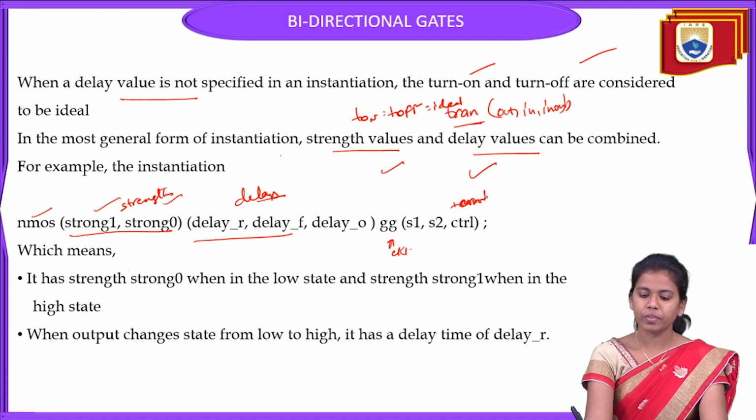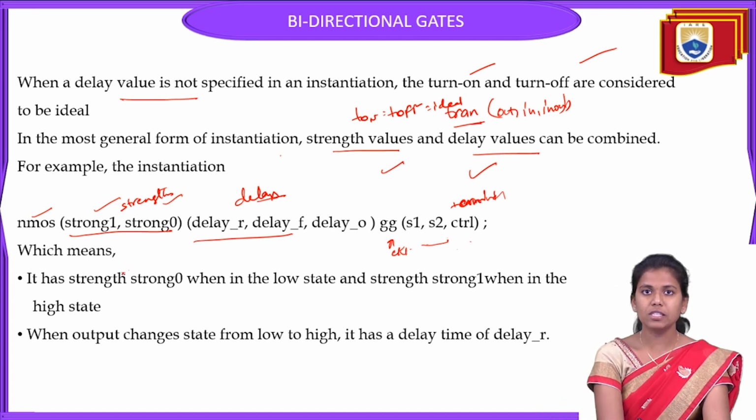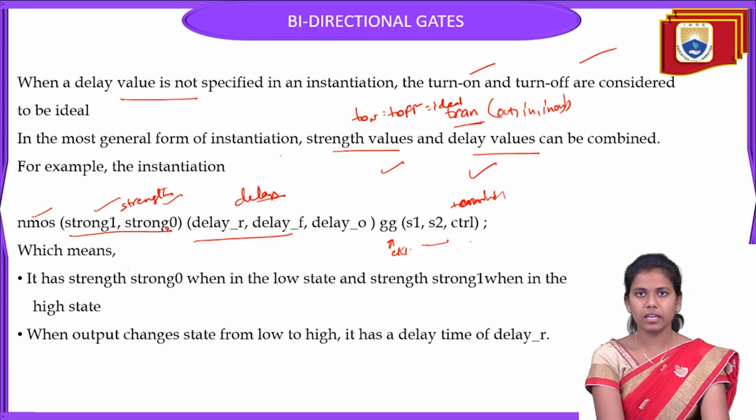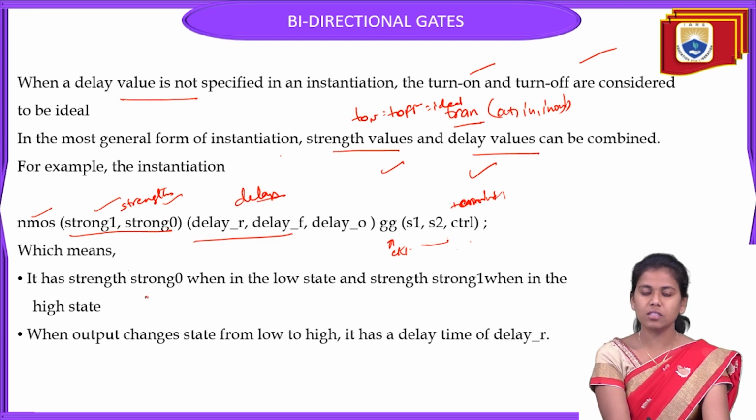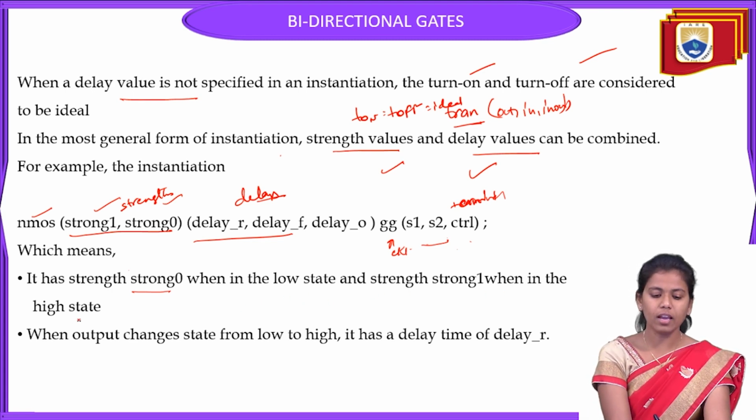terminal list. So in the terminal list, obviously I have to represent the signals, isn't it? Signal levels S1 and S2 with respect to the control signal. Okay, so here, let's see, what is this strong 1 and strong 0? These two are the strengths, right? So it has a strength 0 when in the low state, and a strong 1 when in the high state.